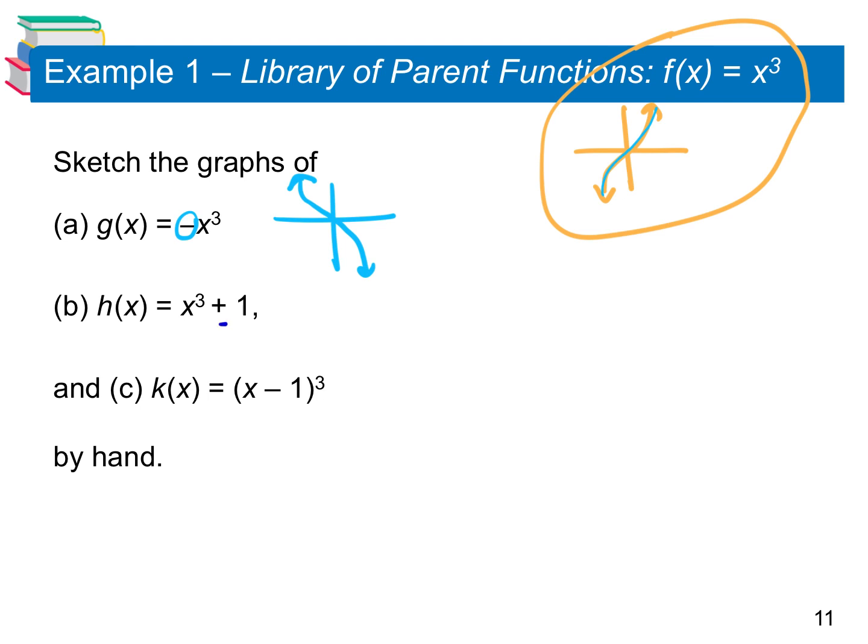What do you think adding 1 to the outside does to our graph? Which direction does that move our graph? Up 1. Awesome. So we take our parent function, instead of starting at 0, 0, we're now just going to shift it up 1, and it's going to curve through there.